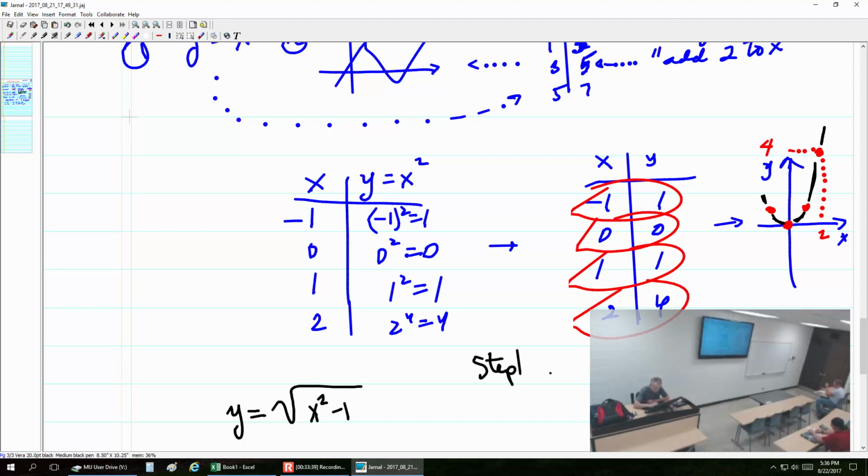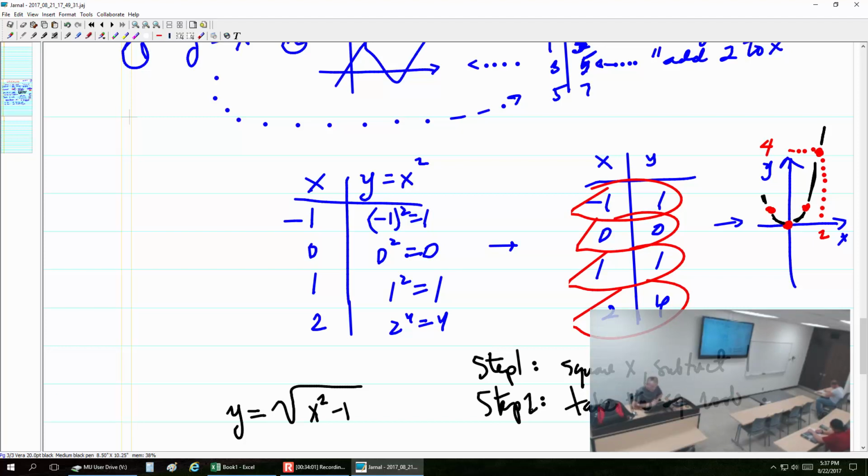Step 1, square x, subtract 1. Okay? Step 2, take the square root all the way out. Okay, so that's a 2-step procedure.